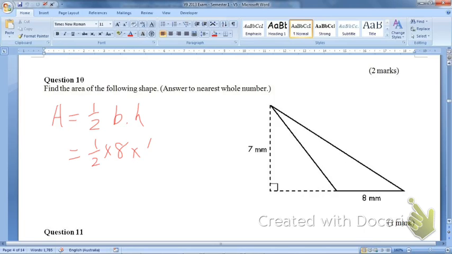The height is 7. Half of 8 is 4 by 7. 7 fours are 28. The triangle is the one that is in a solid line. The dotted line is just showing you that you have the perpendicular height of 7.